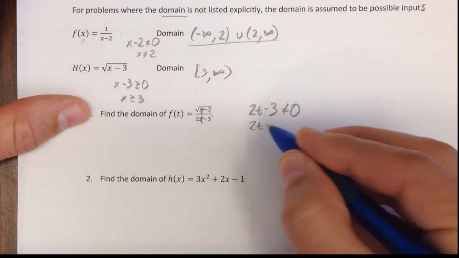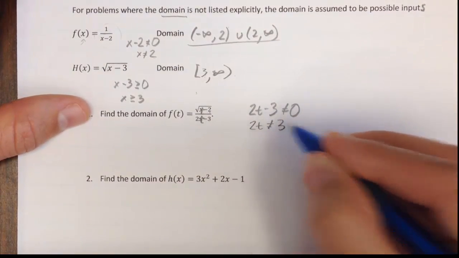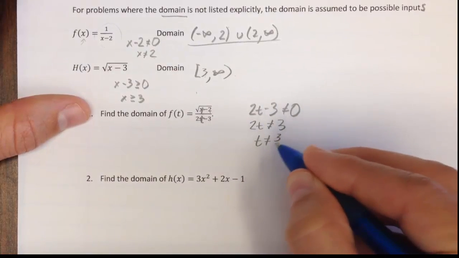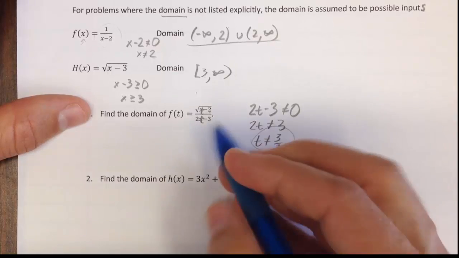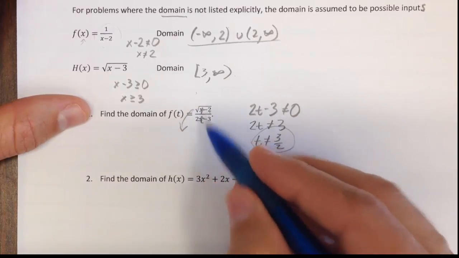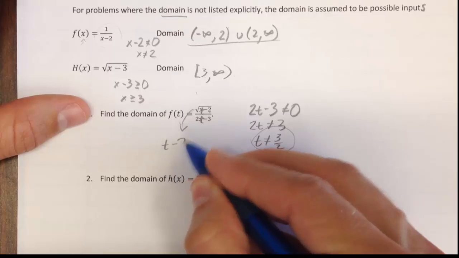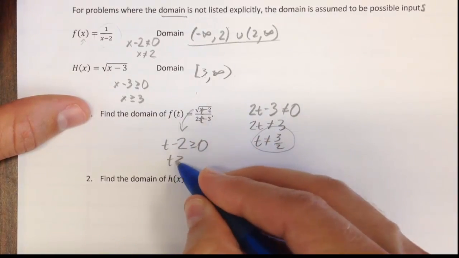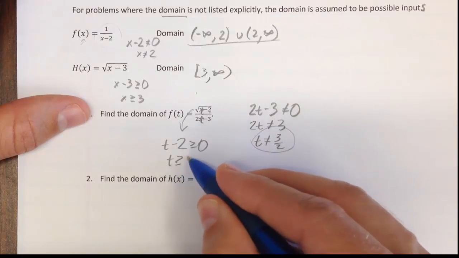That means 2t had better not equal 3. Adding 3 to the other side, t better not equal 3/2. Okay. Second, I better not have a negative in the square root, so t minus 2 had better be greater than or equal to 0. That means t had better be greater than or equal to 2.